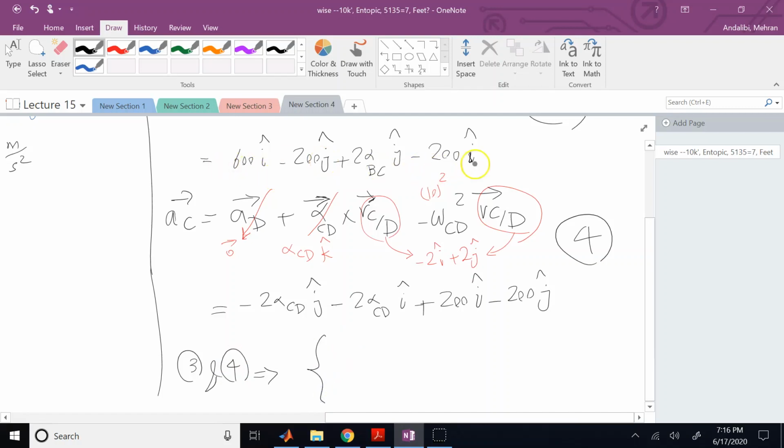You have 600 minus 200, so you have 400. Here, how many i's do you have? You have 200 minus 2 alpha CD. J on the top is negative 200 plus 2 alpha BC. And here it is negative 200 minus 2 alpha CD.